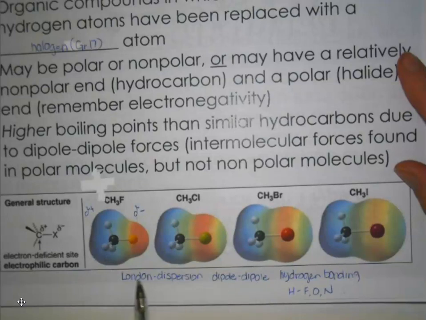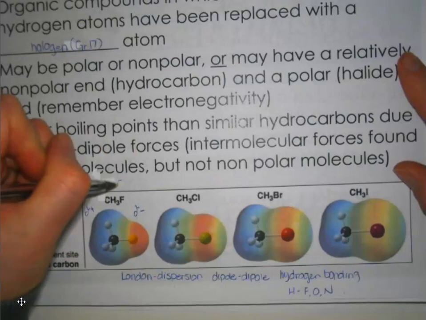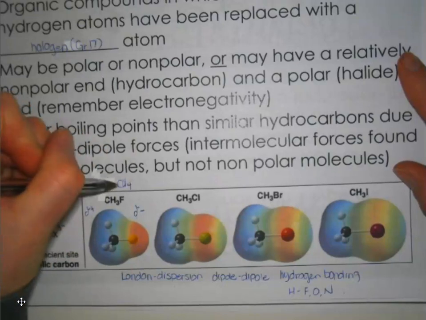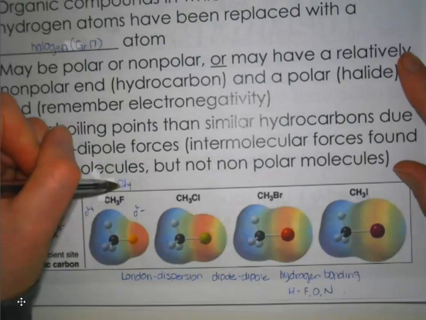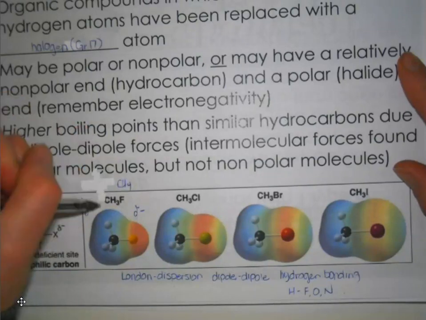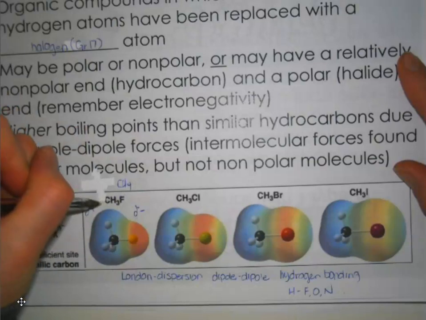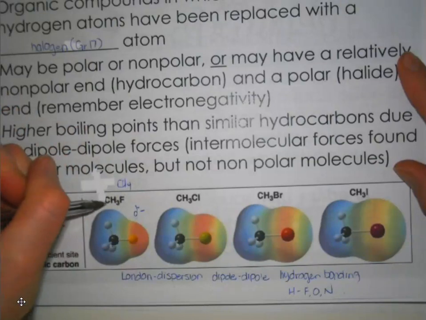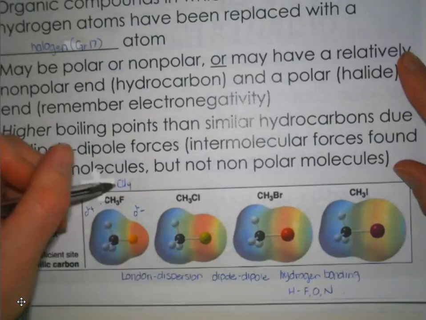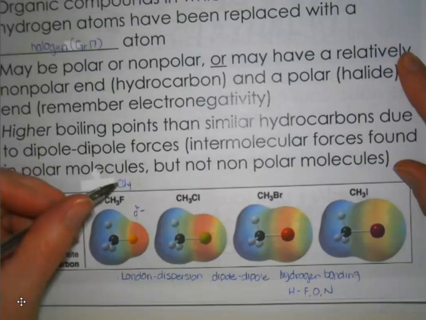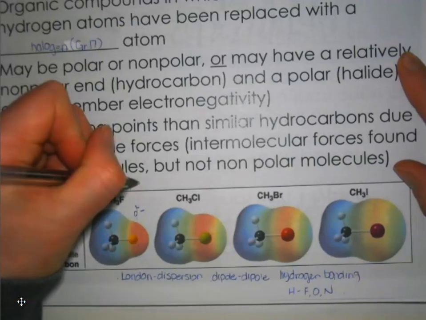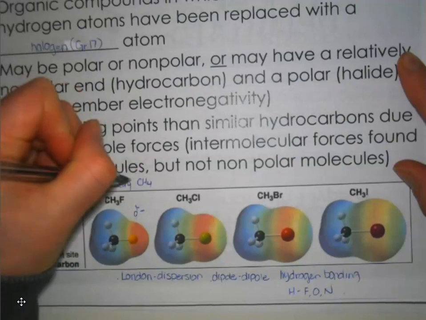So if you were to compare the similar hydrocarbon, the similar hydrocarbon to this would be methane, CH4, right, where we have carbon with 4 hydrogens, and in this one we've had one of those hydrogens replaced with fluorine. So if we were to compare methane and CH3F, basically what we would find is this one has dipole-dipole forces, methane only had London dispersion. So that means there aren't as strong of forces keeping this methane bonded to another methane.